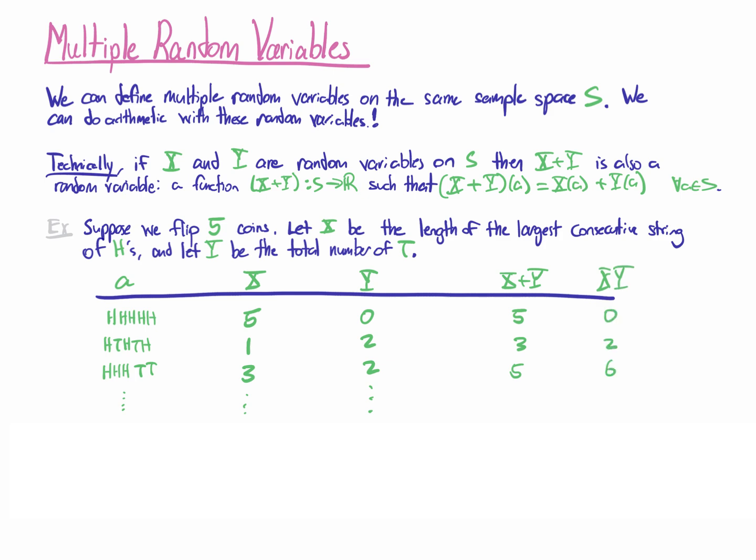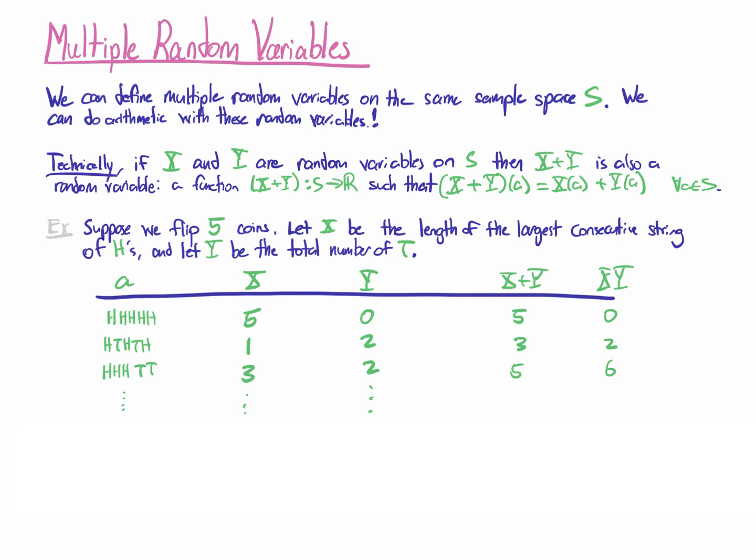So once I have these measurements defined on the same sample space, I'm allowed to combine them in arithmetic ways using any kind of arithmetic operation I want. And this is going to be helpful for us in various cases down the line where we have a random variable that we might want to study, and we might be able to express it in terms of other random variables, which we then combine to get the thing that we actually care about.